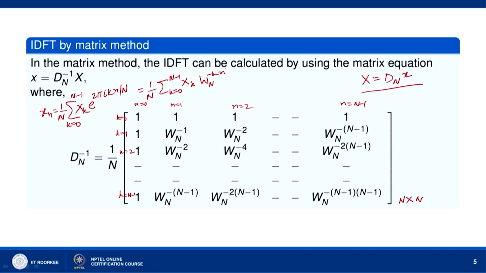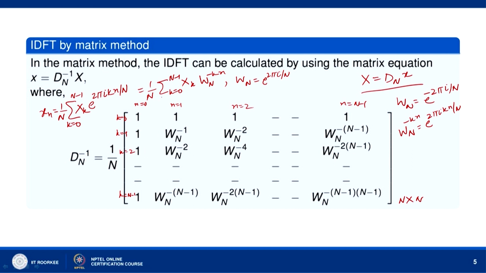Okay. So, if you recall, in the matrix method for DFT, we had taken W_N to be equal to e to the power minus 2 pi i by N. So, here W_N to the power minus kn will be equal to e to the power 2 pi i kn by N. We use the same W_N here.